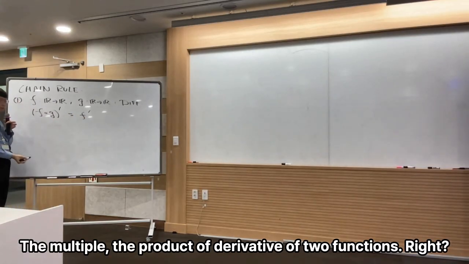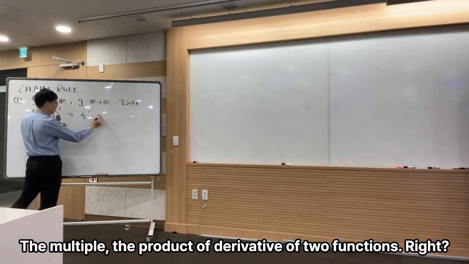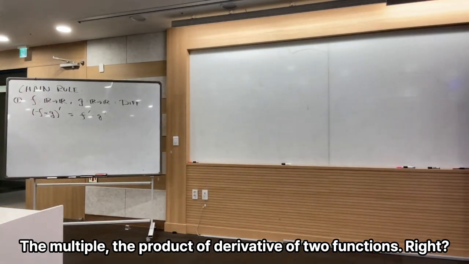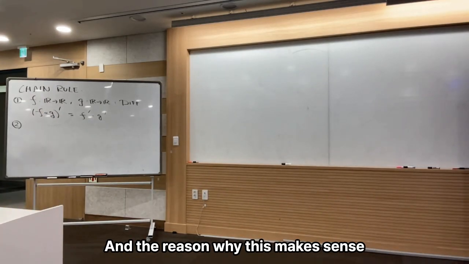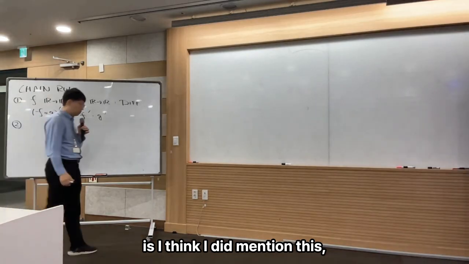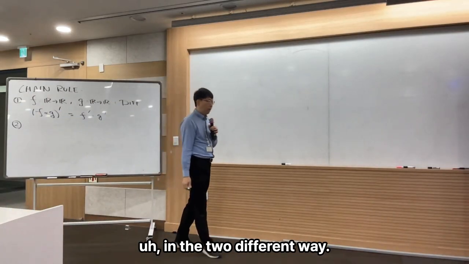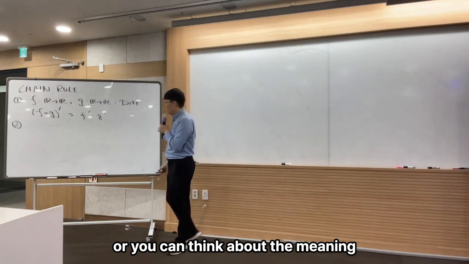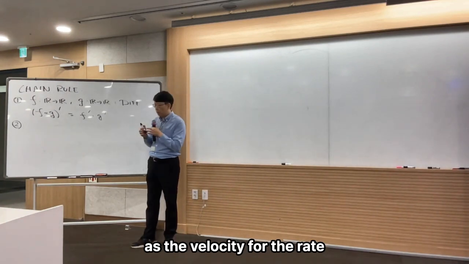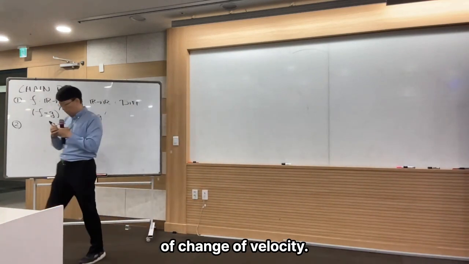The product of the derivatives of the 2 functions, right? That's the chain rule for a single variable function. And the reason why this makes sense is, I think I mentioned this in 2 different ways. You can either look at the graph, or you can think about the meaning of the derivative as the velocity, the rate of change of velocities.